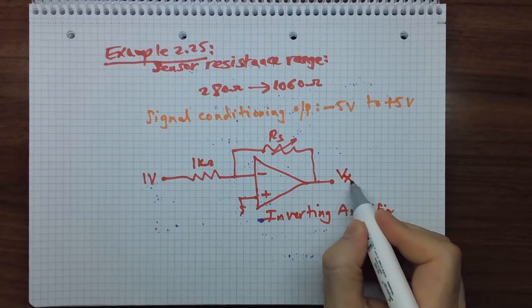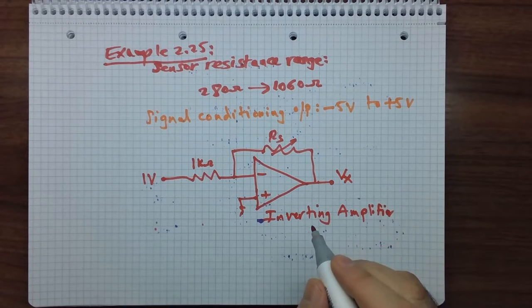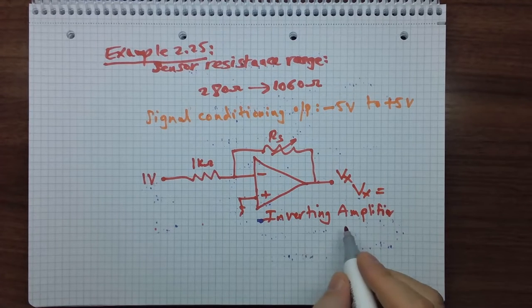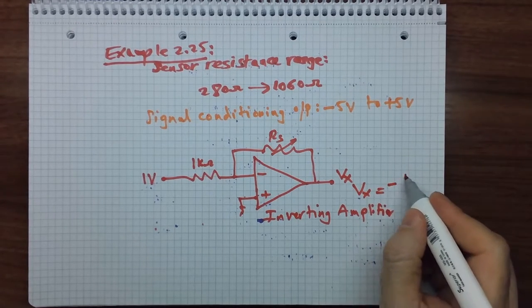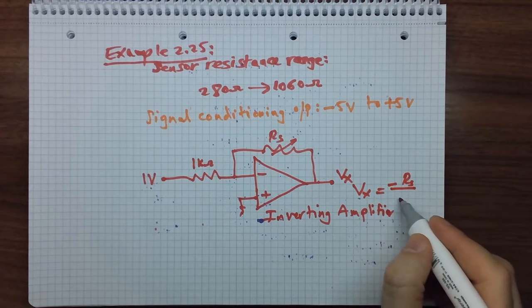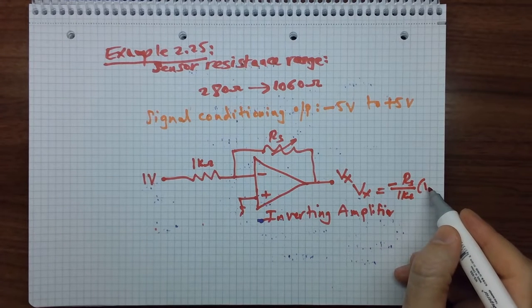Say that this is the voltage Vx here. The voltage Vx is equal to, because it is an inverting amplifier, minus Rs, the value of the resistance of the sensor, divided by 1 kilo ohm times 1 volt.